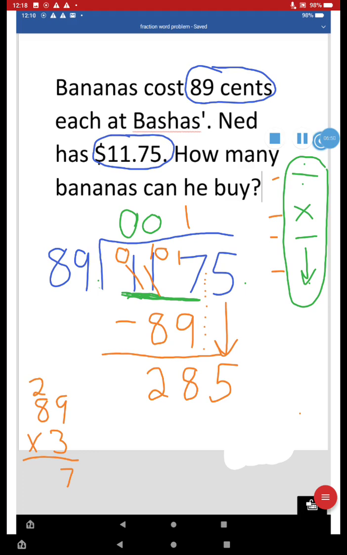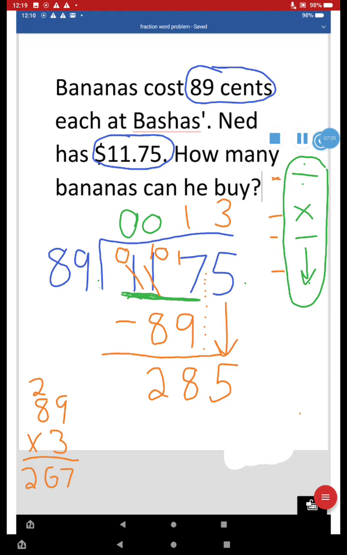Carry the 2. 3 times 8 is 24. Plus 2 is 26. I got 267. Hey, that's just a little bit smaller than 285. So let's put 3 up here.